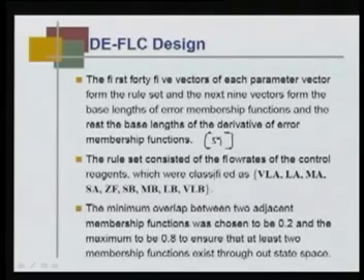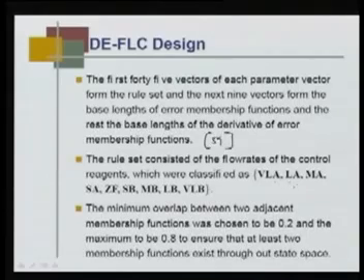The rule set consisted of flow rates of the control reagents, so that is the output, classified as very large acid flow rate, large acid flow rate, medium acid flow rate, small acid flow rate, 0 flow rate, small base flow rate, medium base flow rate, and large base flow rate or very large base flow rate.